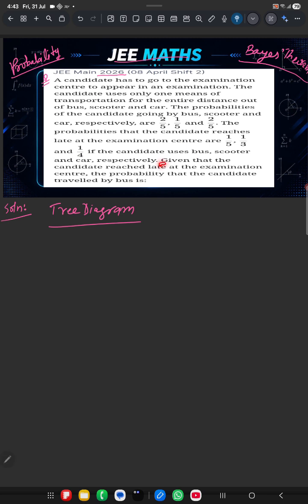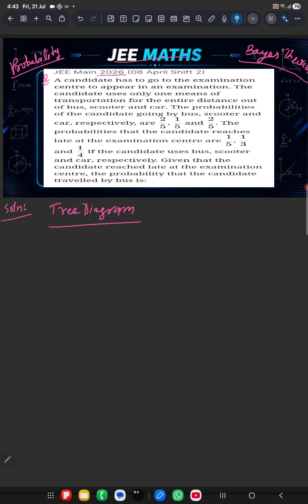Now, given that the candidate reached late at the examination center, you have to find the probability that the candidate traveled by bus.